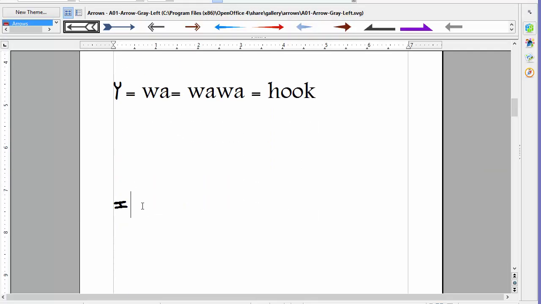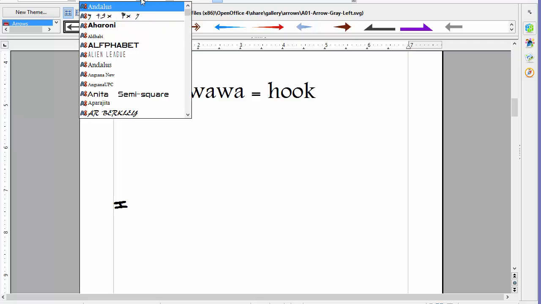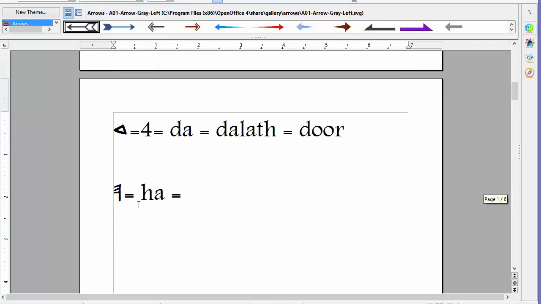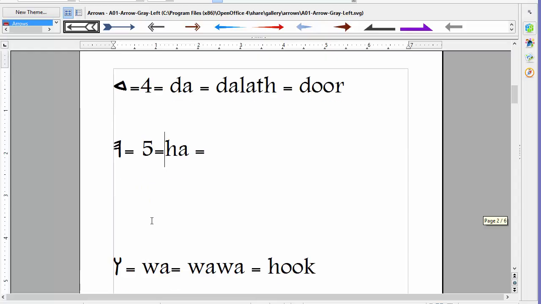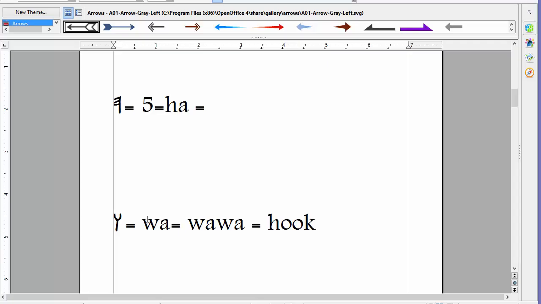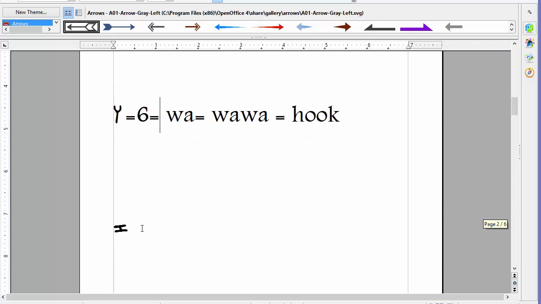And then the next letter, the numerical value of the ha is 5, and the numerical value of the wa is 6. Okay, the next letter, which numerical value of it is 7, is the za.